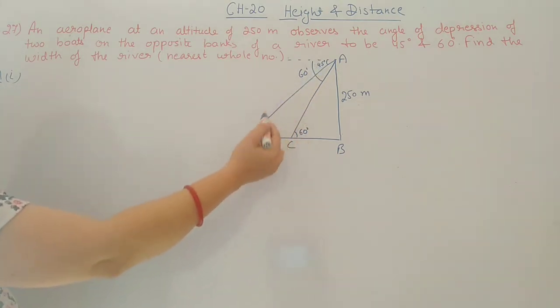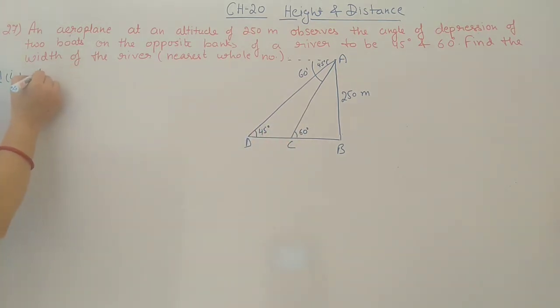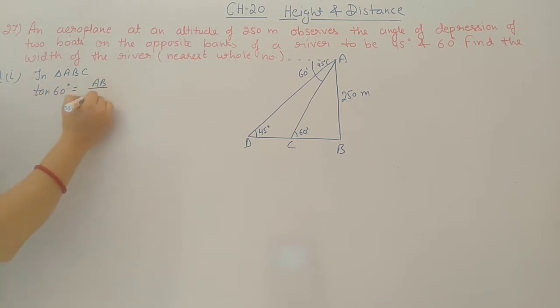Now in this case I have two right angle triangles. First I will take triangle ABC. Tan 60 is equal to height by base, AB by BC. Tan 60 value is √3. Height is given 250 meter and base is BC.